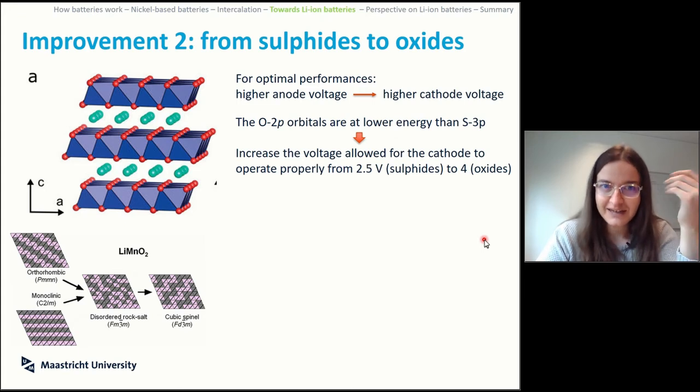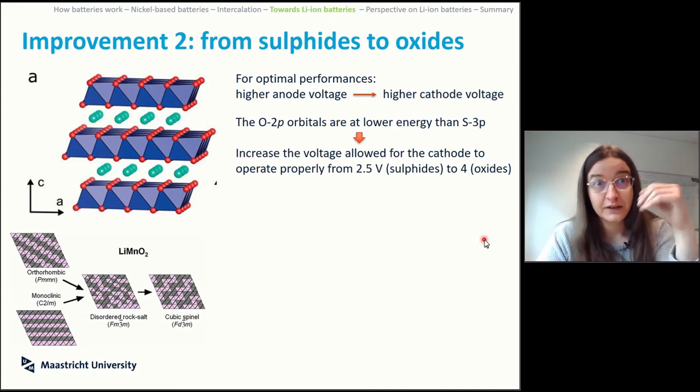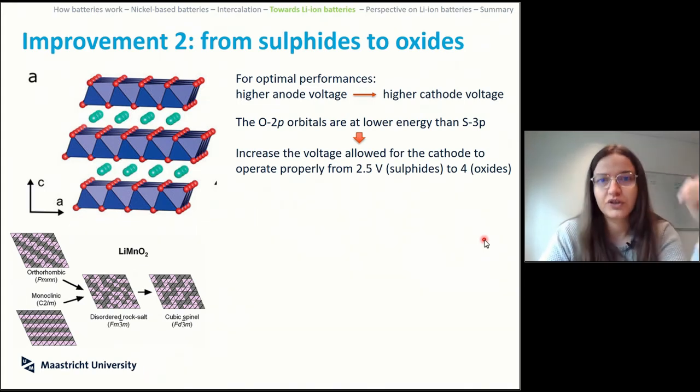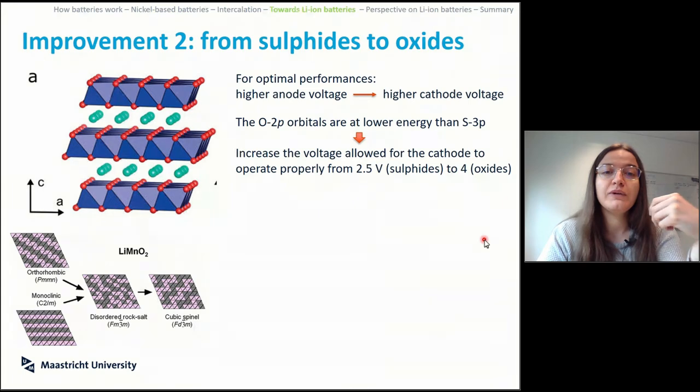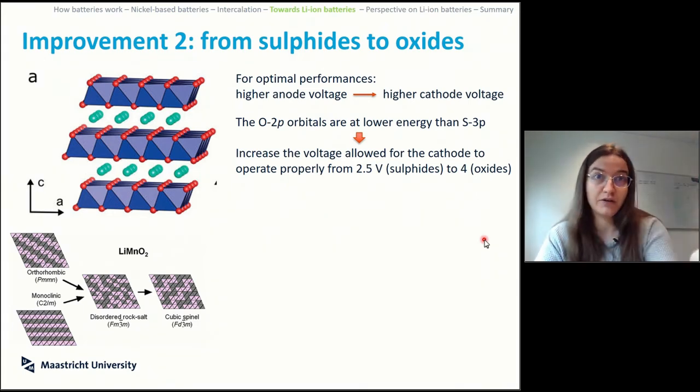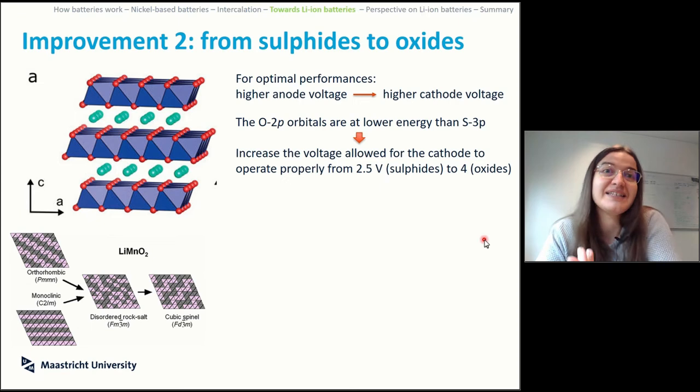We know that the energy of the p orbitals, the 2p orbitals of oxygen, is significantly lower than the one of the 3p orbitals of sulfur. So we can increase the voltage by making something that is not a sulfide, it's an oxide.